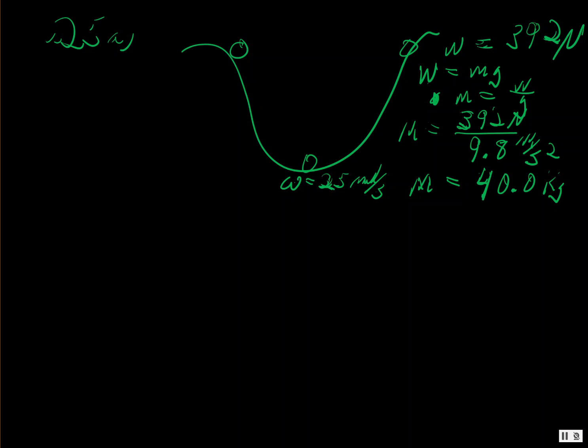Y'all, I apologize, my pen's trying to come apart on me. Okay. And then it says the radius of the wheel, and you can use big R, little r, doesn't matter, is 0.6 meters. Okay.